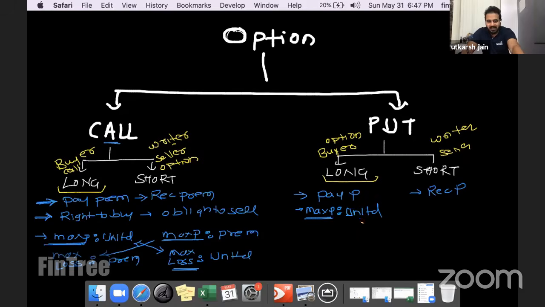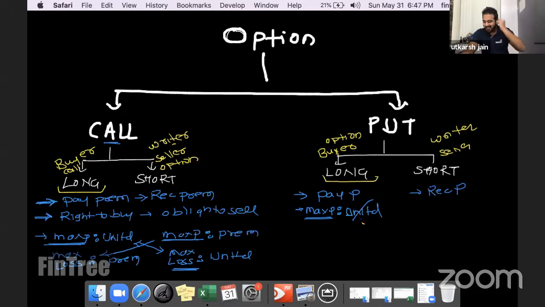Now, the reason why a lot of people get this wrong is they compare that with long call, because this number is unlimited here. So they think that even long put is unlimited. But here is what we need to appreciate: generally, and this has been violated very recently with oil prices, you would not see an asset remaining at a negative price for a very long period of time.